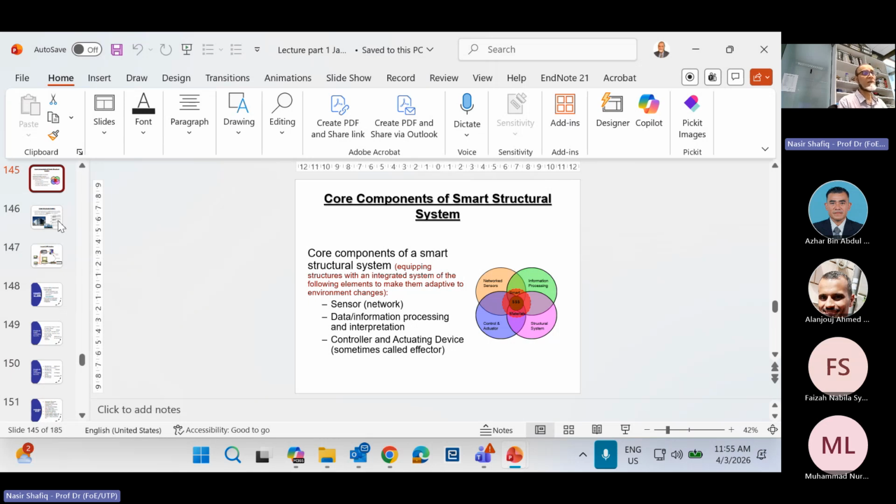The signals that come from the sensors will be processed, right? And then control and actuator. After processing, there is an alarm or some control system, so that will be a structural system, right?